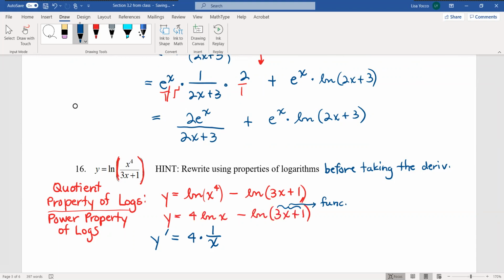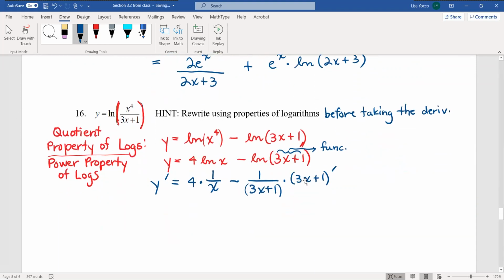For the derivative, remember, 1 divided by the function times the derivative of the function. And then one more little derivative right here, the derivative of 3x.